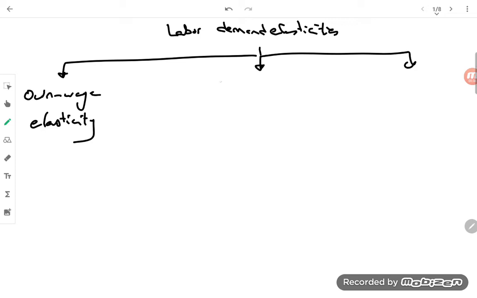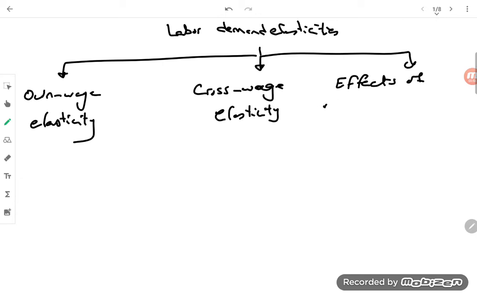Part number two is about cross wage elasticity. And finally, part number three is about policy applications, or in other words, effects of minimum wage law.